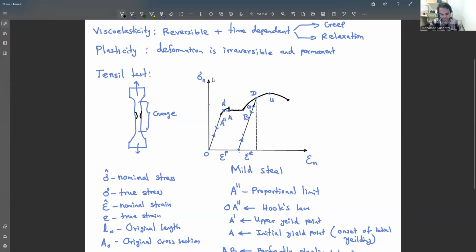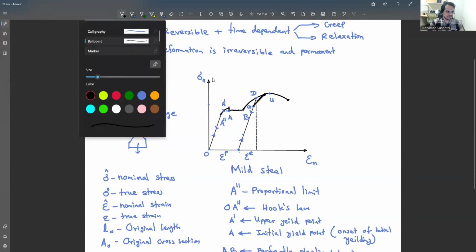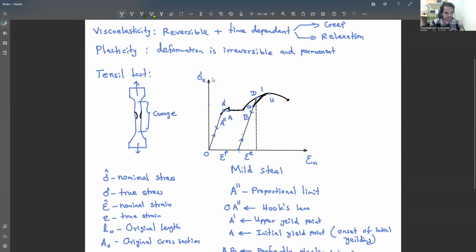It is like this, and then it will reach the previous curve. Let's say this point is H. From H, it will continue along the previous curve again. This phenomenon will happen again. If you remove the load at H, it will come to a different position, and the same thing I already explained will happen for the new line we have drawn.